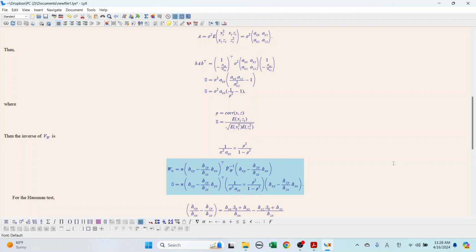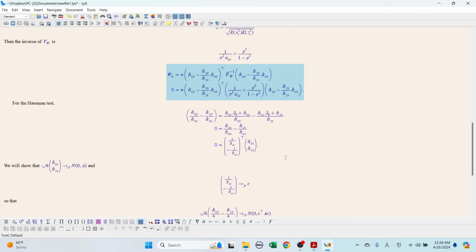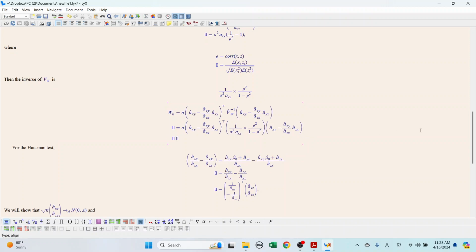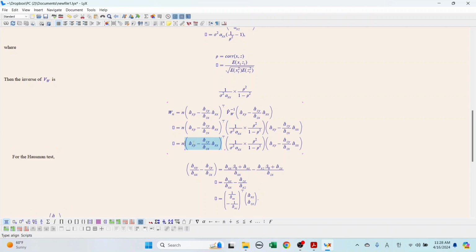So it is a huge algebra, but fortunately, actually, good thing, it's not that hard. It's a simple algebra because first, the prime does not matter. The transposition does not matter because it is one dimension. So you may just erase this and instead take the square, right?